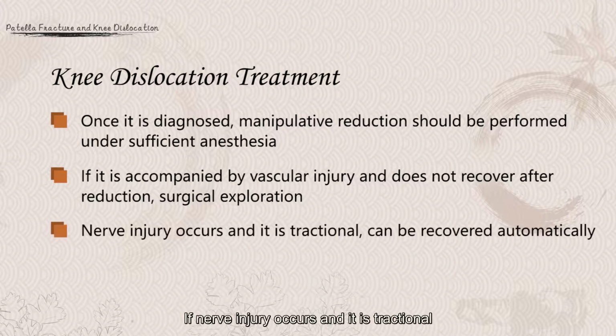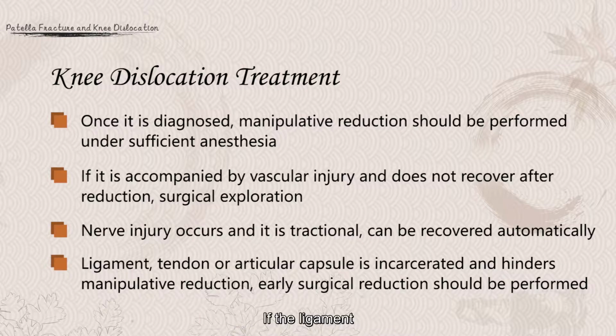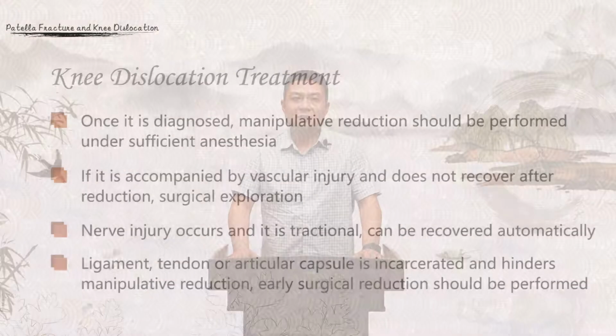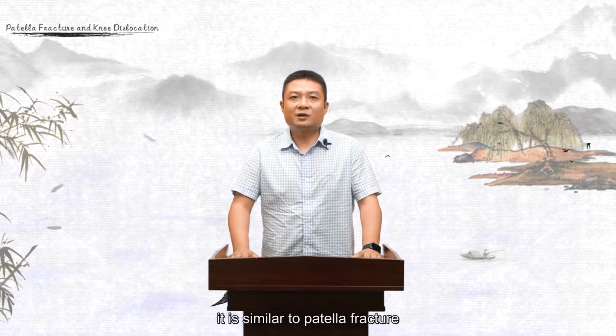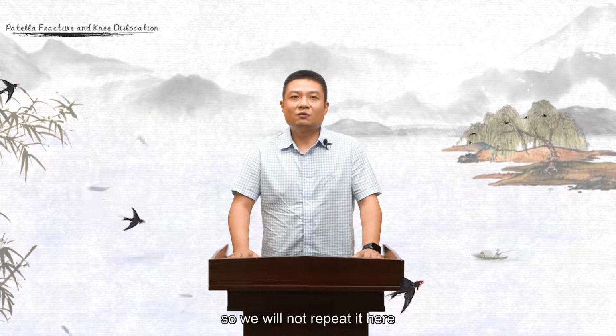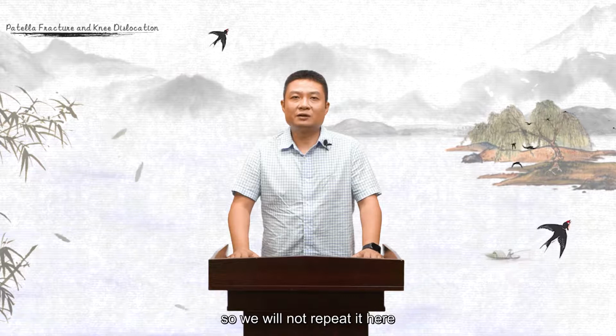If nerve injury occurs and it is tractional, it can recover automatically without special treatment. If the ligament, tendon, or articular capsule is incarcerated and hinders manipulative reduction, early surgical reduction should be performed. In terms of medication, it is similar to patella fracture, so we will not repeat it here.